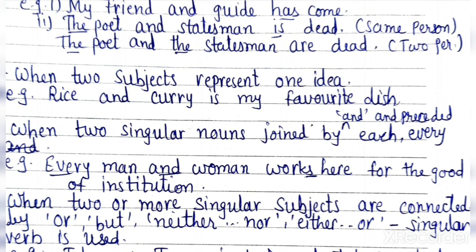But if I say I have a black and white cow, then it is one cow only, and the cow is of two colors, black and white. Okay, so I think you understood this chapter.